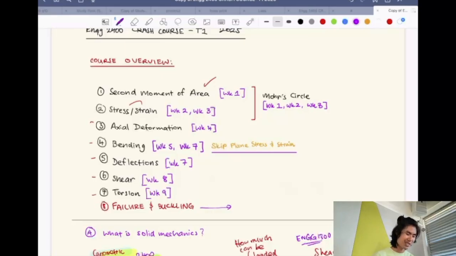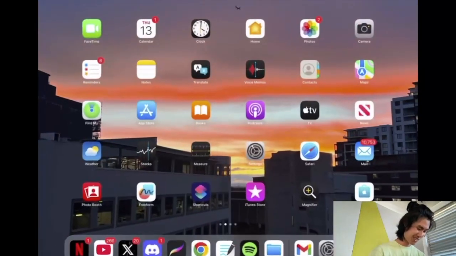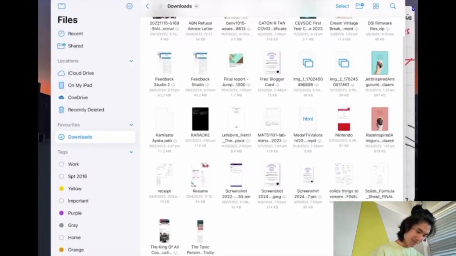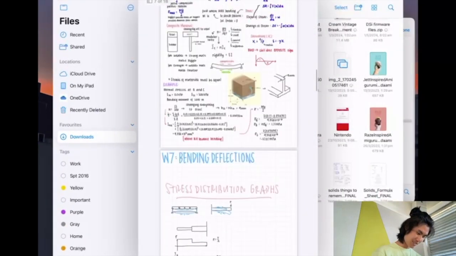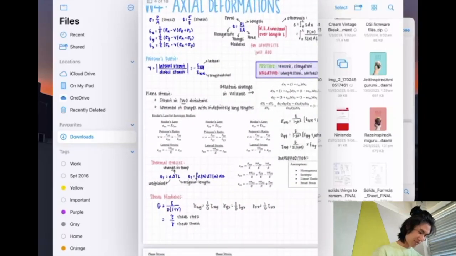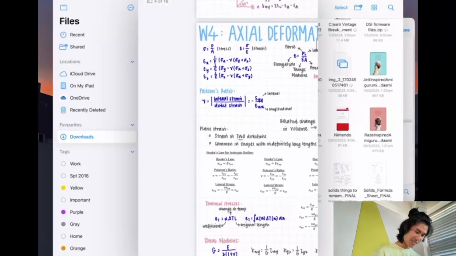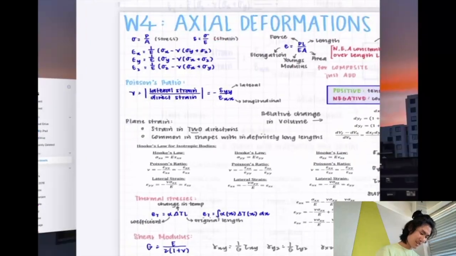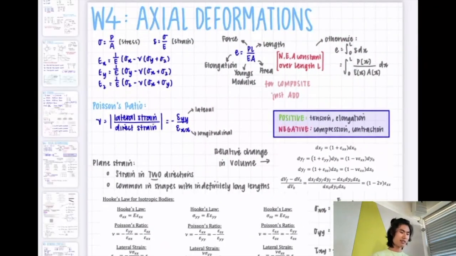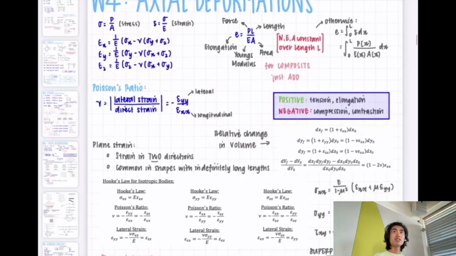The reason I skipped plane stress and plane strain is because I'll show you. This is the whole topic of plane strain and plane stress. You'll notice that this is all the axial deformation notes.